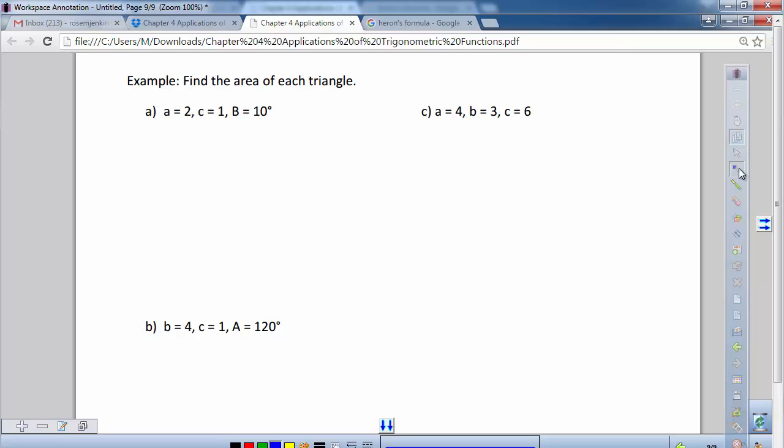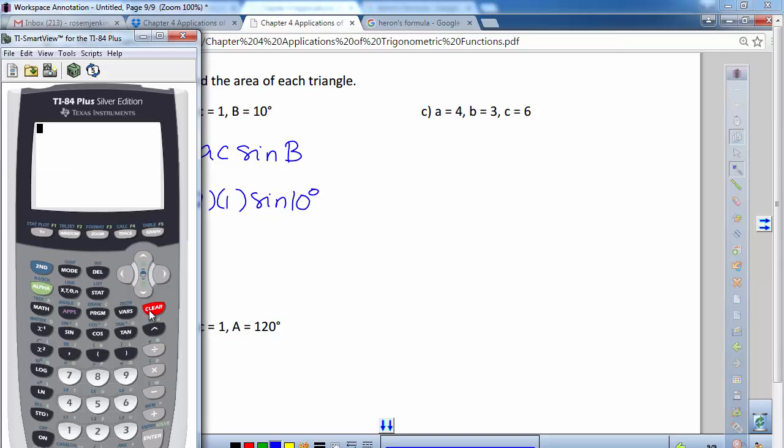So I can say area is equal to 1/2 AC times sine B, or 1/2 times 2 times 1 times sine of 10 degrees. So the area is going to be sine 10 degrees, we get 0.1736.